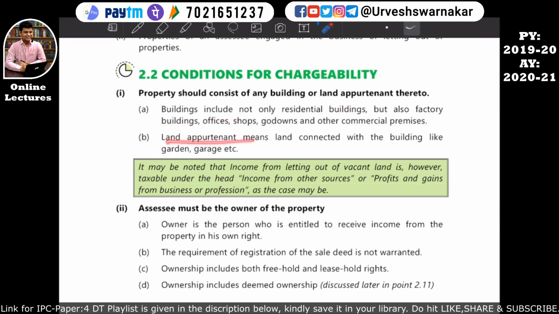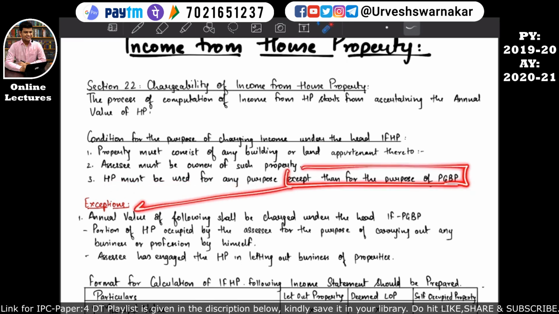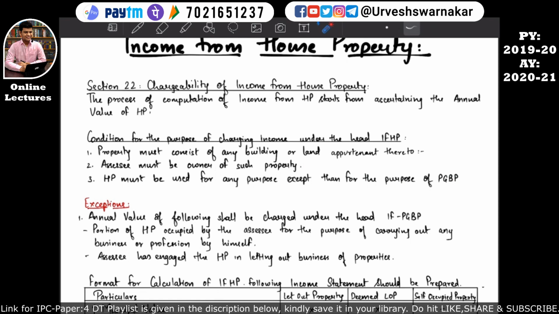And land appurtenant to means land connected with the building. I hope this is quite clear to us. The second point says that the assessee must be the owner of such house property. And the third point says that the house property must be used for any purpose except for the purpose of PGBP. So that's what our exception is about. The exception says that the annual value of the following shall be charged under the head income from PGBP.